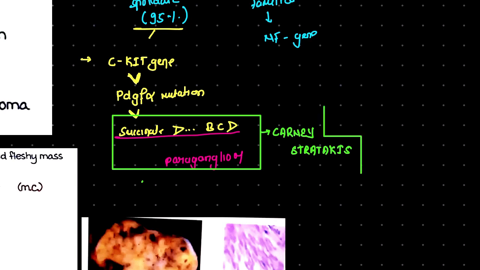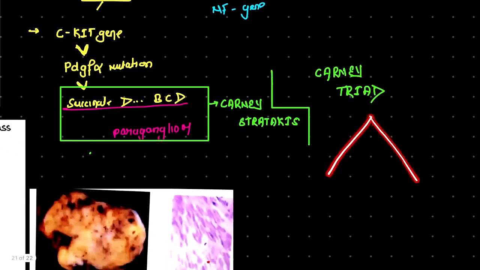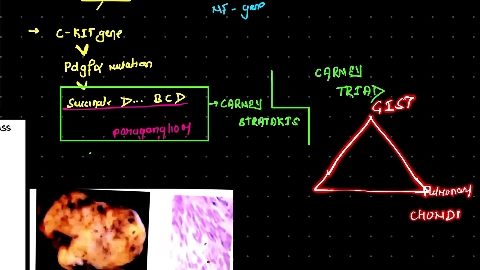Now there is one condition that we are trying to correlate with Carney-Stratakis, and that is Carney's triad. Carney's triad and Carney-Stratakis are different things. Carney's triad includes three things: one is GIST, another is pulmonary chondroma, and another is paraganglioma.